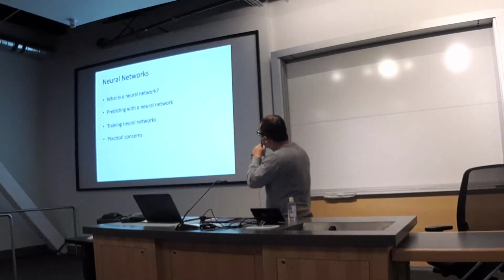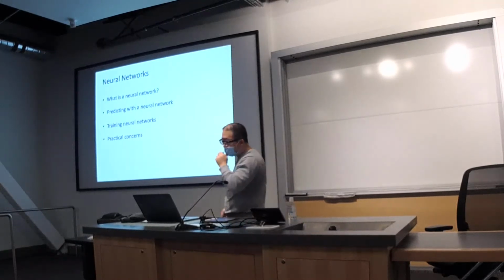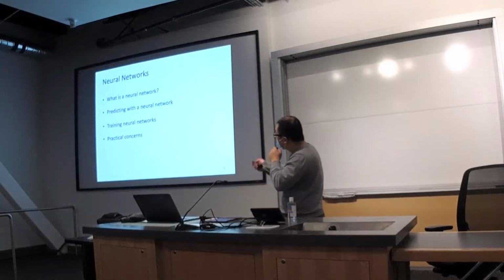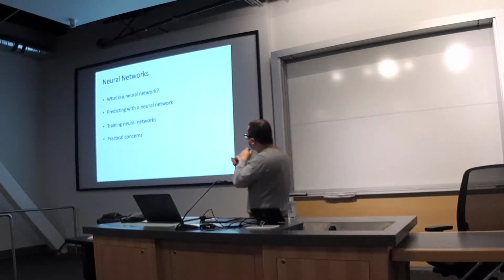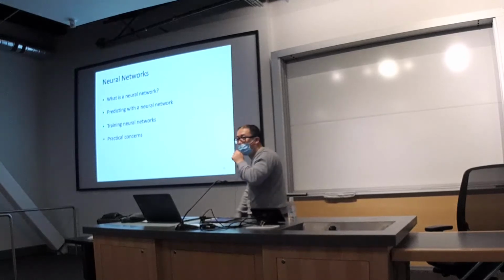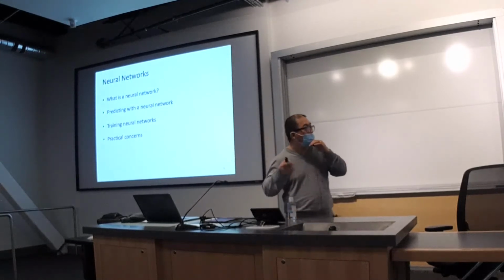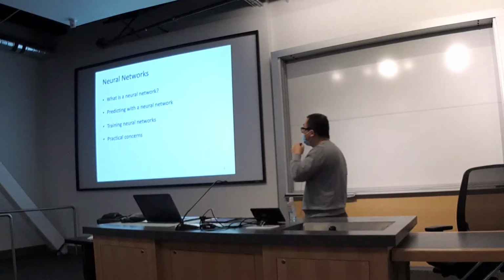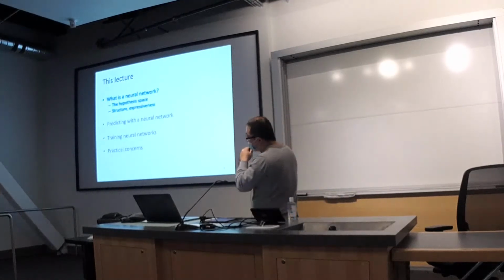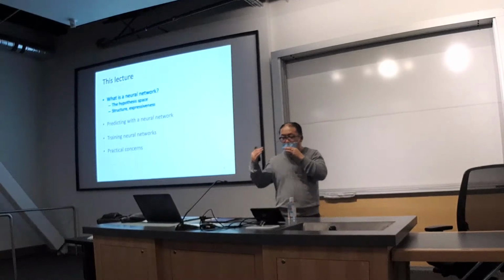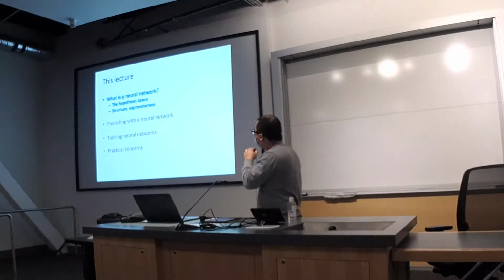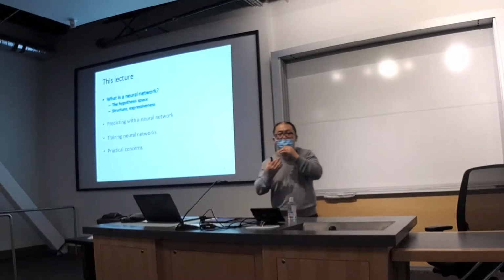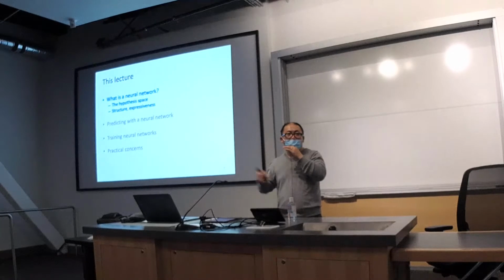Okay, so the topic of neural networks will consist of the following four points. First, we're going to give the definition of neural nets. What kind of machine learning model can be called a neural network? We're going to talk about the hypothesis space which determines a neural network, and why it is so expressive.